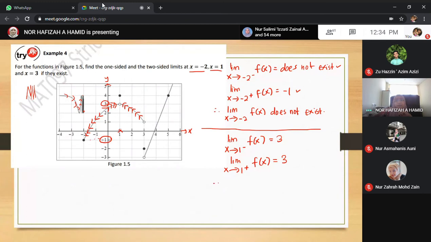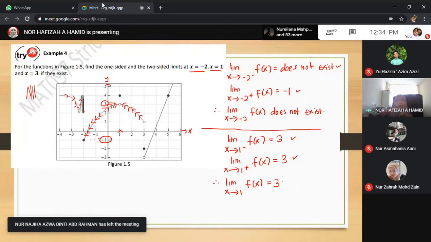Okay, so for the two-sided limit, limit x approach to 1, fx, dia also equal to 3. So value one-sided dia sama. So automatic yang two-sided also equal to 3.